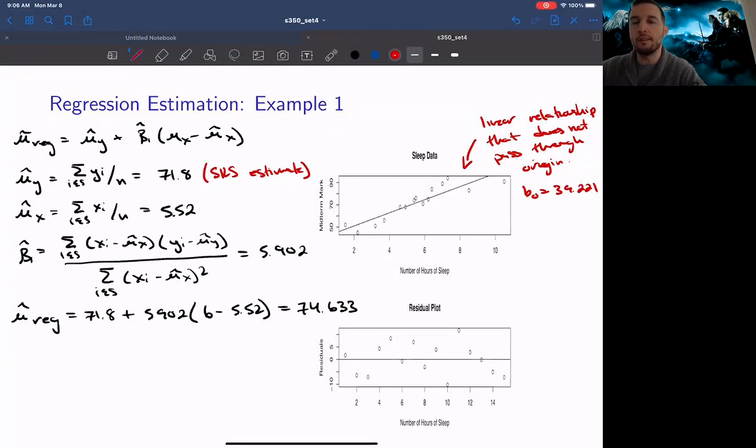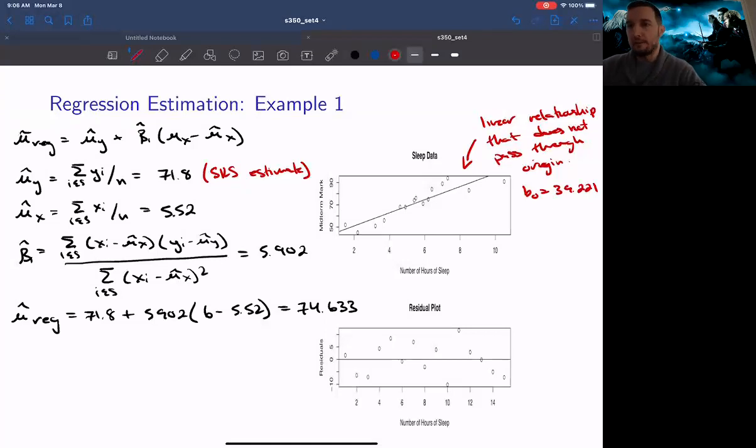So we wouldn't see regression estimation as a tool for estimating a population ratio directly, for example. We're strictly using this in the second situation where we want to estimate a population mean or a population total.